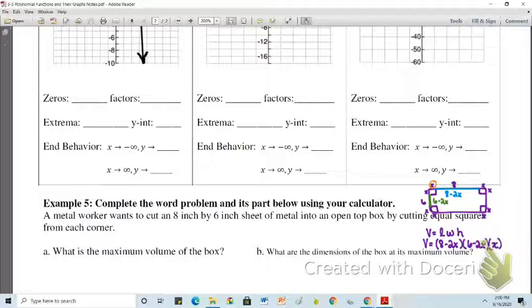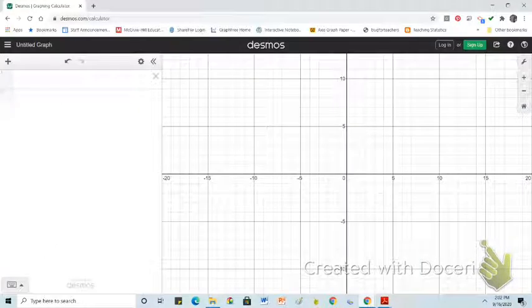Now the great thing about Desmos, and we're going to switch back to it in just a second, is that I don't need to multiply this out. The calculator will still calculate my volume without me having to FOIL this whole thing out. So let's switch over so I can show you what I mean. So I'm going to go ahead and type in here what I just had on the other slide.